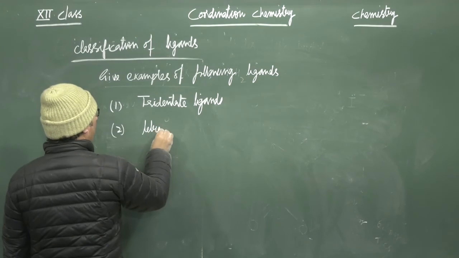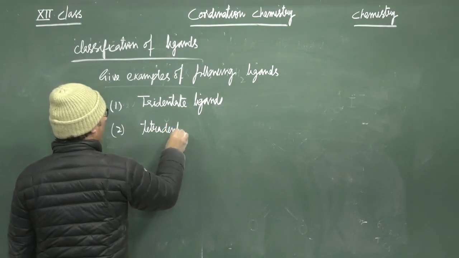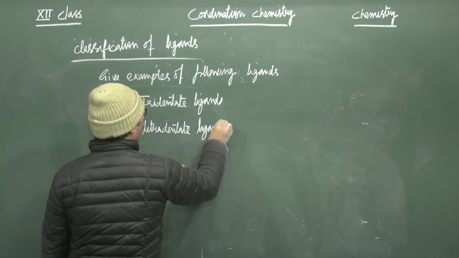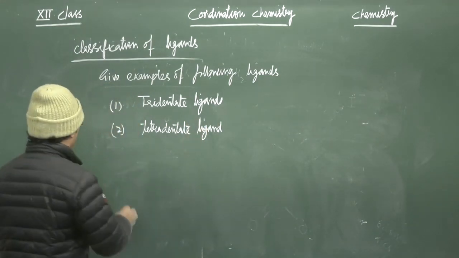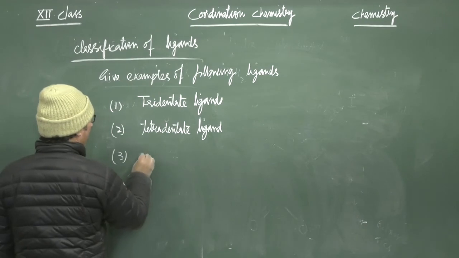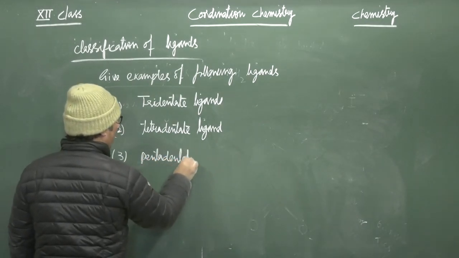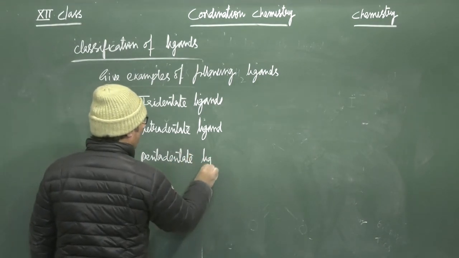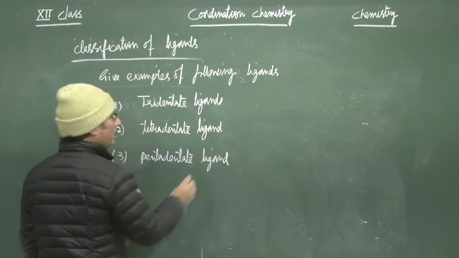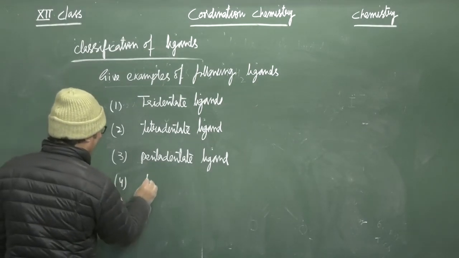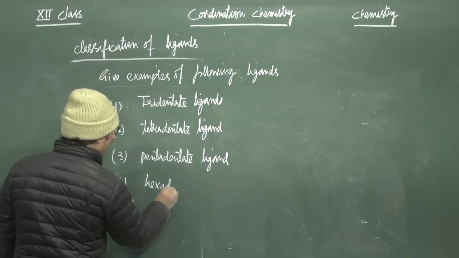Tetradentate ligand, the ligand which has four donor atoms. Just give an example, at least one. The third will be pentadentate ligand, the ligand which has five donor atoms, and the hexadentate ligand.